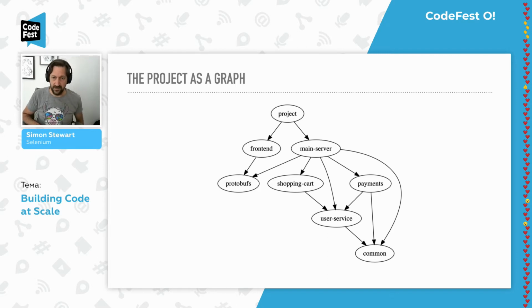You can see that the main server depends on all three of the shopping cart, payments, and user service. And you can see that lots of stuff depends on the common module. Right? This is just visualizing information that we would have available to us in the build files and the makefile, but it just helps highlight what we're going to be talking about later.